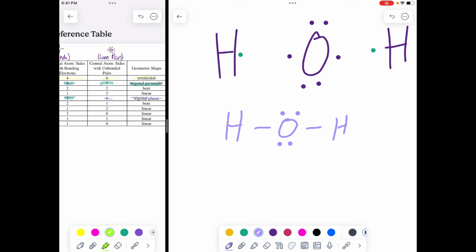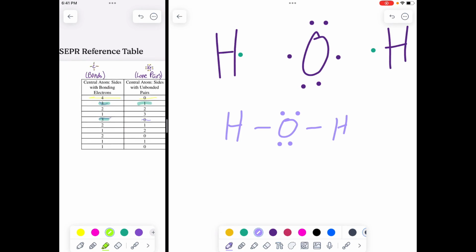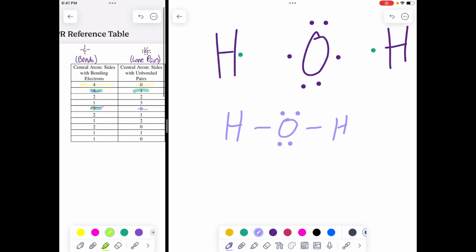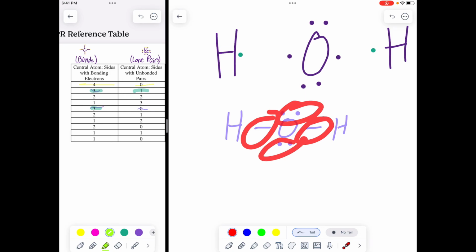Now, in order to determine the VSEPR geometric shape, we are going to look at our VSEPR reference table. And in this VSEPR reference table, we are going to see that based on our molecule, there are 2 bonded sides and 2 unbonded sides.